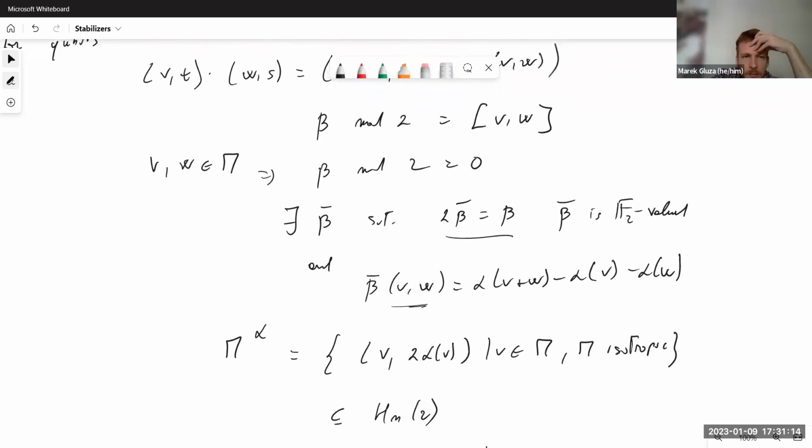You can find a beta bar that is F2 valued. Why is it F2 valued? Because when you take 2 beta bar, this is automatically 0 by default. So beta bar will become on different arguments either 0 or 1, and then I multiply by 2 and I get 0 mod 2.